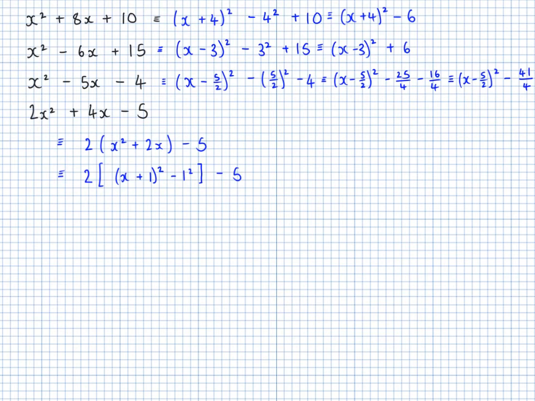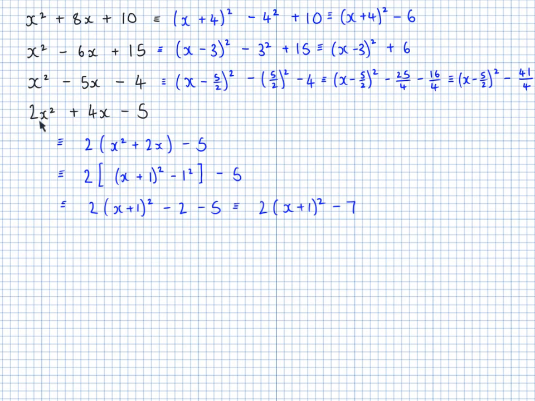Now I can multiply the 2 to this bracket, and I can multiply the 2 to the negative 1 that I'm going to get here, so I'm multiplying out the square bracket, so this then becomes 2 bracket x plus 1 squared take away 2 take away 5, because that take away 5 is coming from there, and finally I can simplify that, and that will be my answer. So 2 bracket x plus 1 squared take away 7.